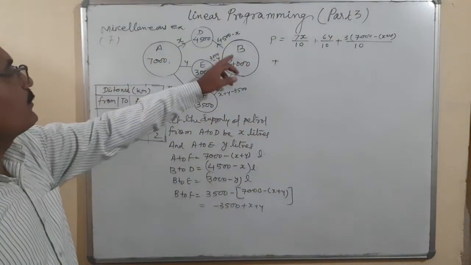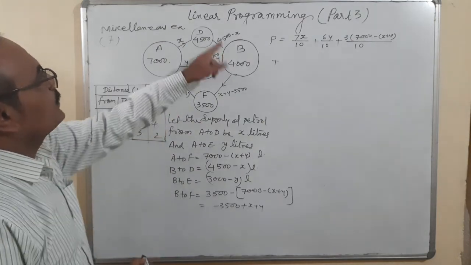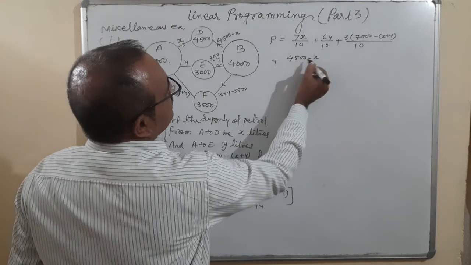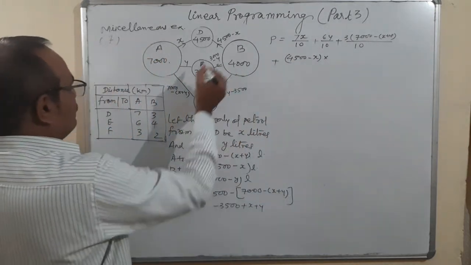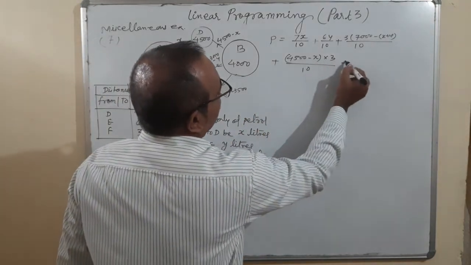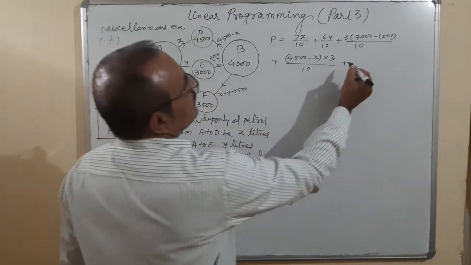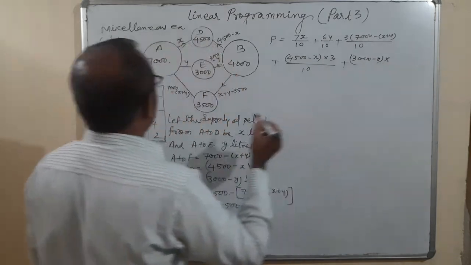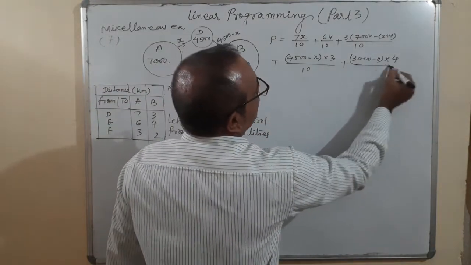Now coming to B to D: 3 multiplied by 4500 minus X, upon 10, since upon 10 is coming everywhere. Same for B to E: 3000 minus Y multiplied by 4 upon 10.